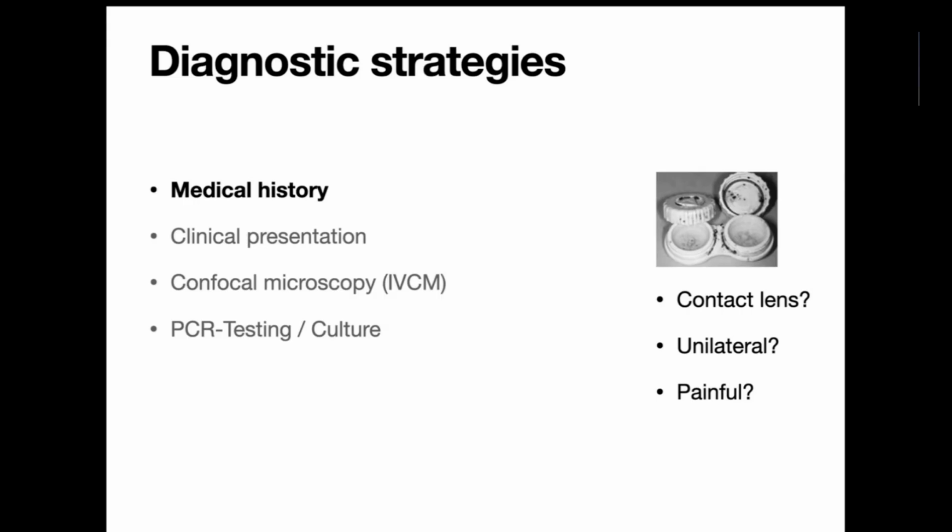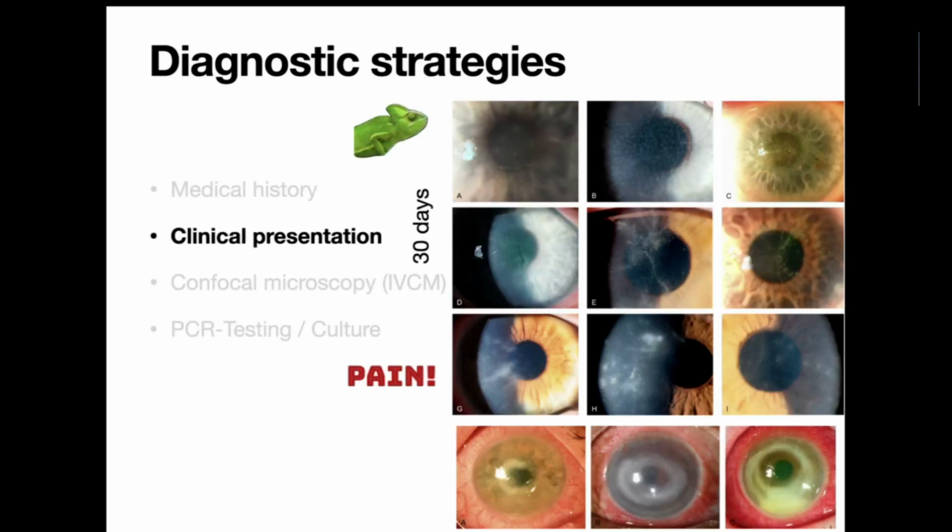And following the medical history, we do the clinical examination, and I already mentioned that we have this chameleon style pattern with this dirty epithelium that can disguise as metaherpetic issues, as dendritic keratitis or dry eye or adenoviral residues.